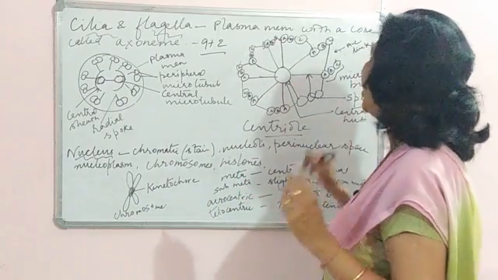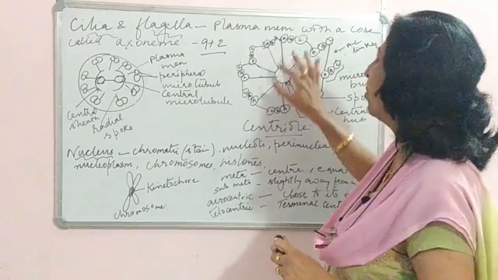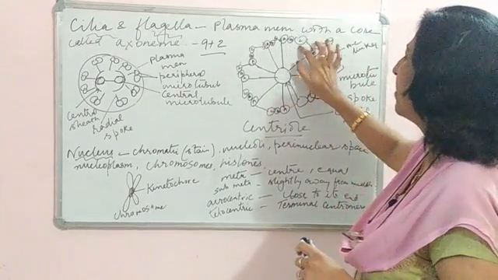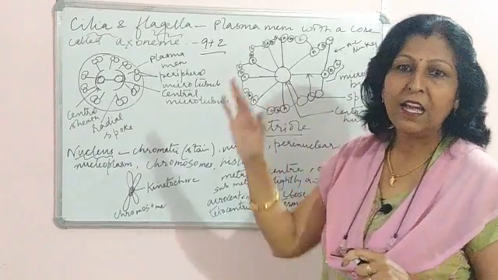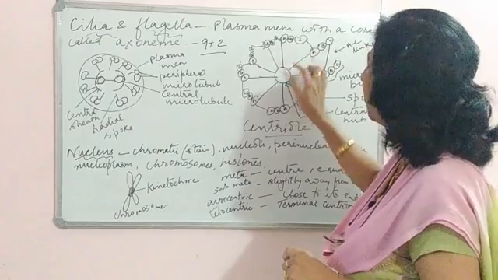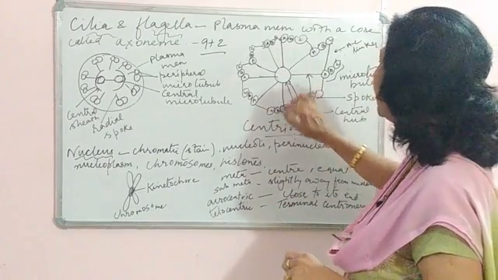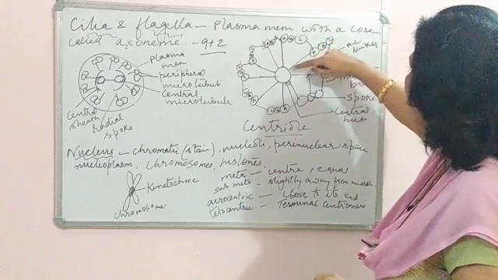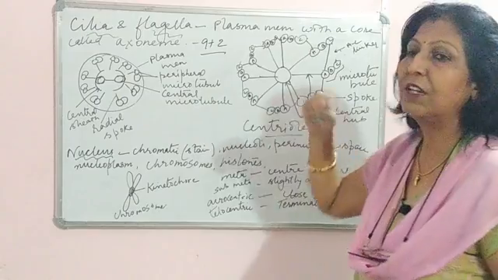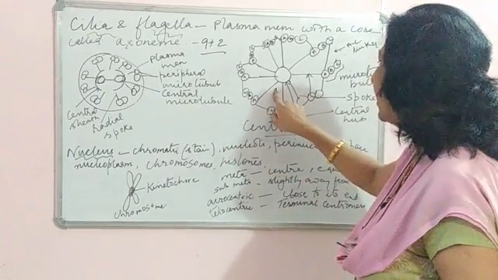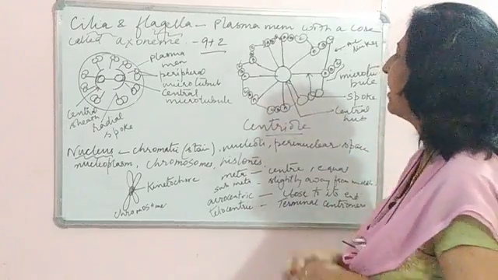Here also, in the centrioles, we see that they are present in triplets. There are 9 triplets surrounding, and one in the center to which they are attached. The center is the central hub, and the triplets are attached to the central spoke, just like a spoke.